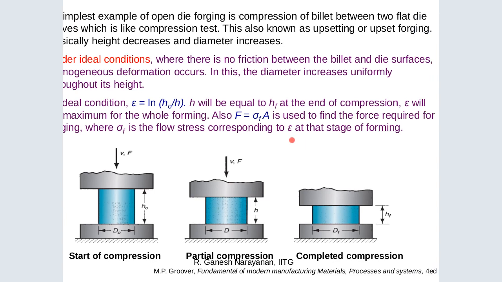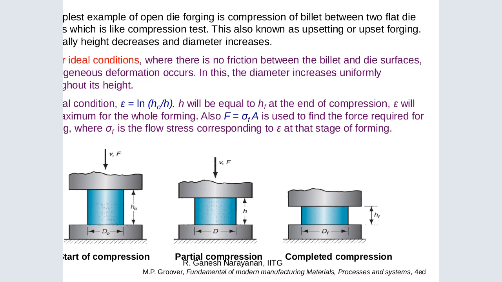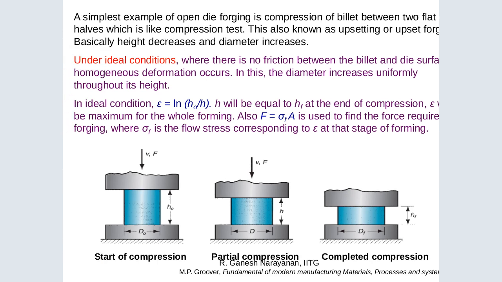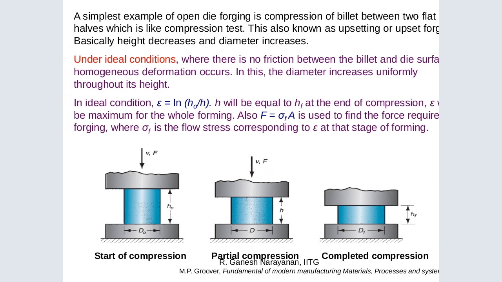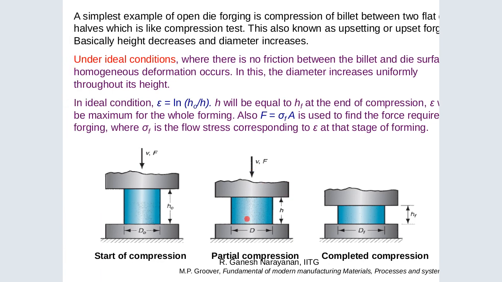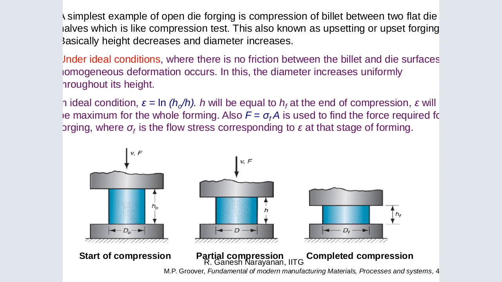Also, the force is equal to that, the F and then A, and is used to find the force required of the forging, where the σf is the flow stress compressed at that stage. So you can see the height, not the diameter there, the height is reduced here.